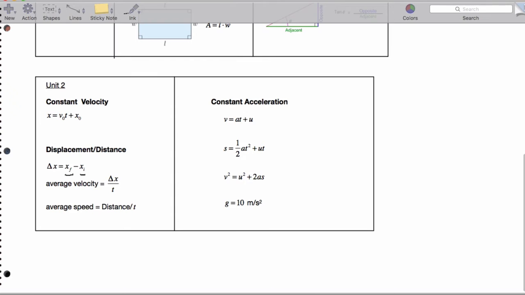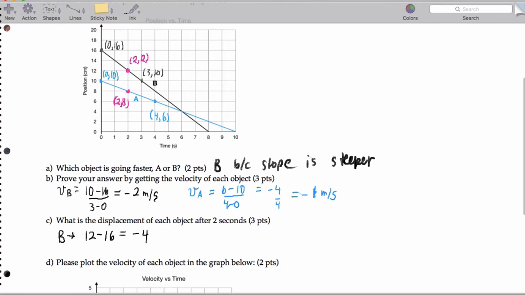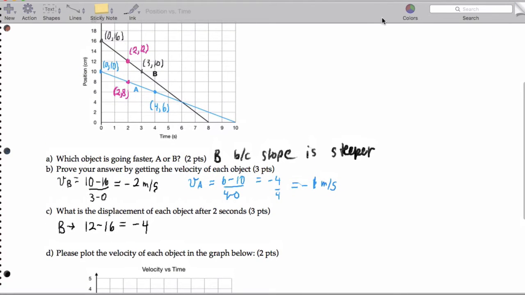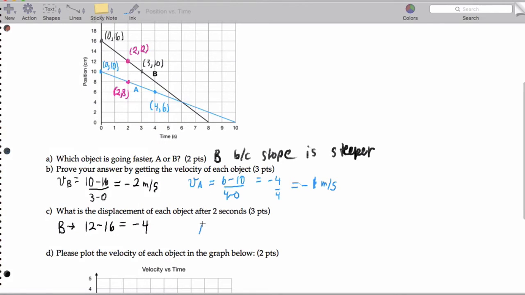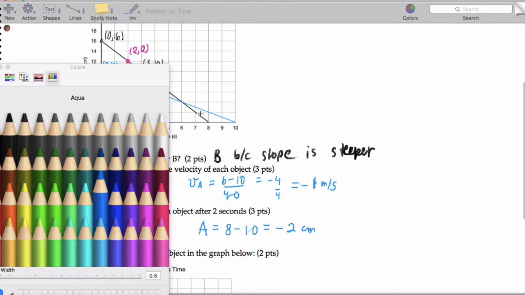So please be careful on that. And then for object A, using very similar math, for object A, it ends up at 8, having started at the 10 centimeter mark, so its displacement is -2 centimeters. And let me just add units to B right here.